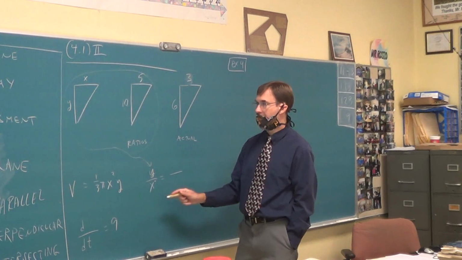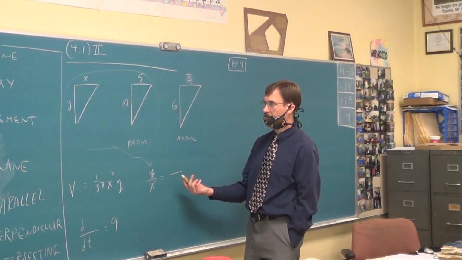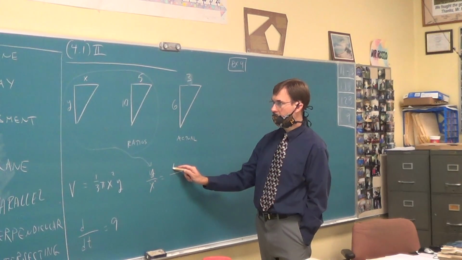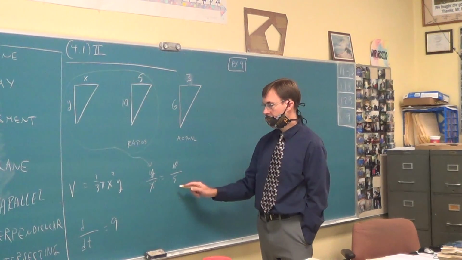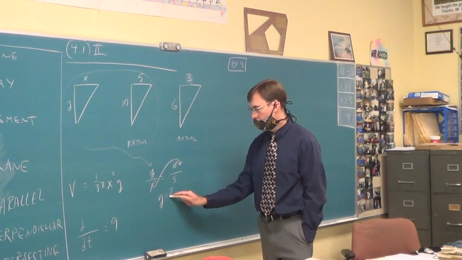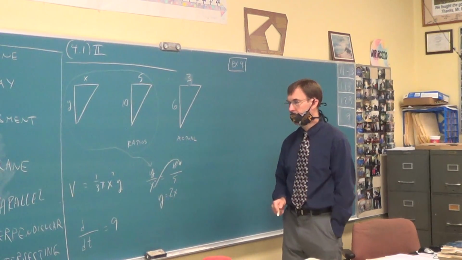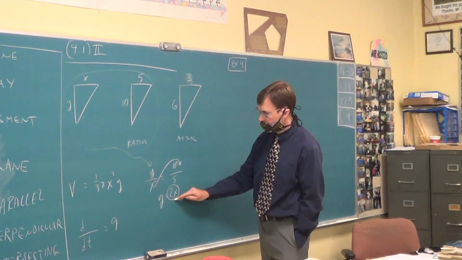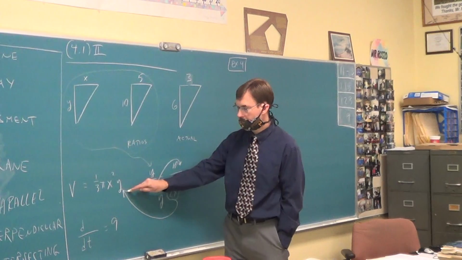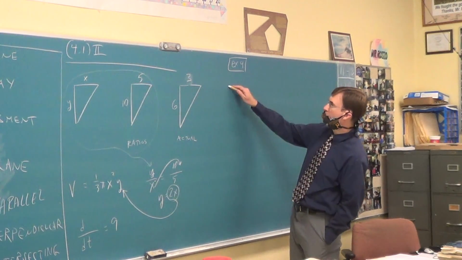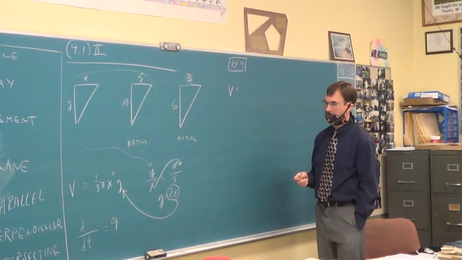Y over X is fine, also acceptable, Y over 10, doesn't matter. If we go Y over X, that equals 10 over 5. If we want the Y alone, Y would equal 2X, which means we can put this 2X in Y's spot, and we have a better volume equation now.